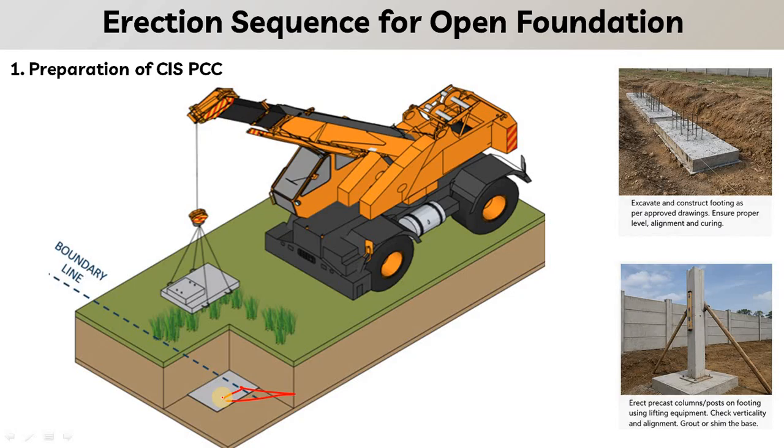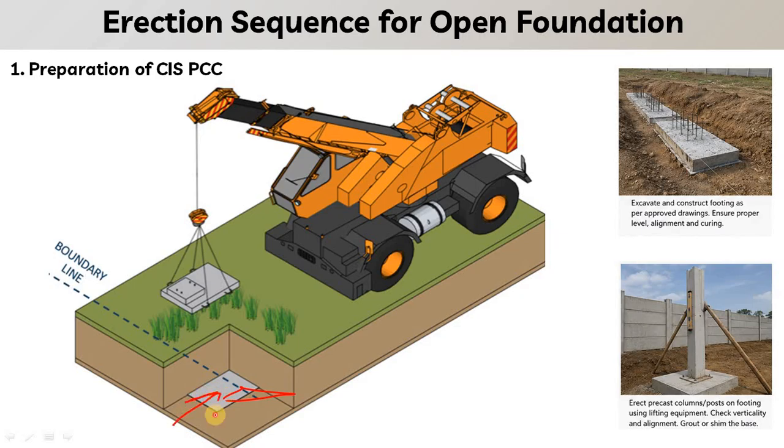So cast in situ PCC has to be done. Why cast in situ? It means the PCC is done on site, so we say it is cast in situ, whereas the column and its foundation are prepared, or we can say precast, in the factory, and directly installed on site, so that will be the precast element.